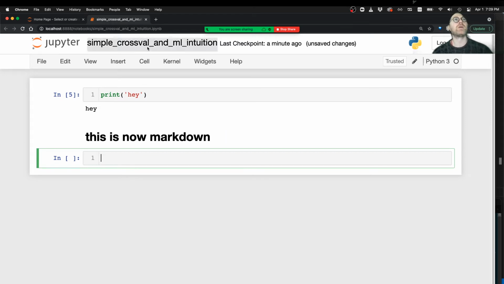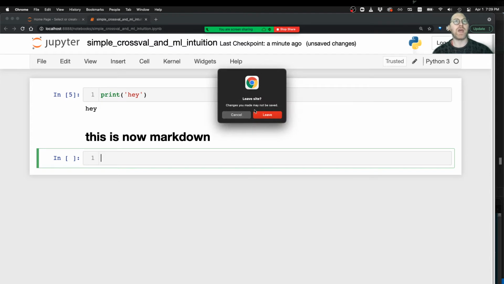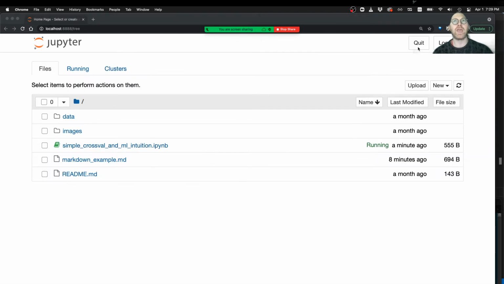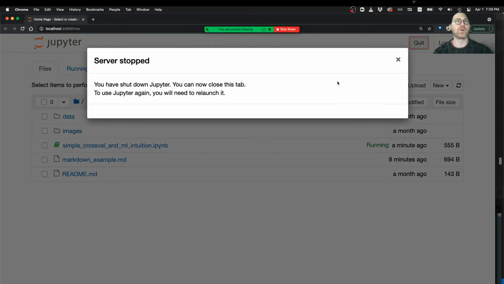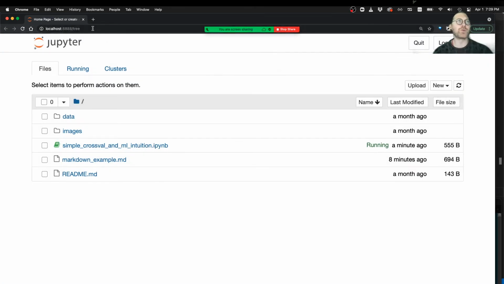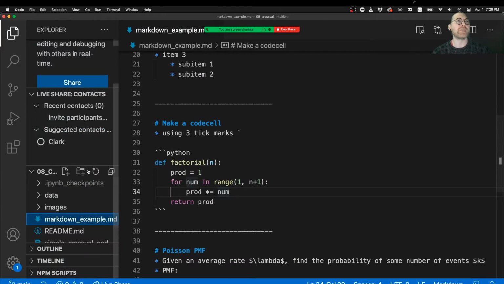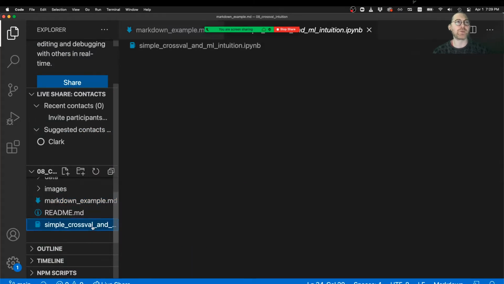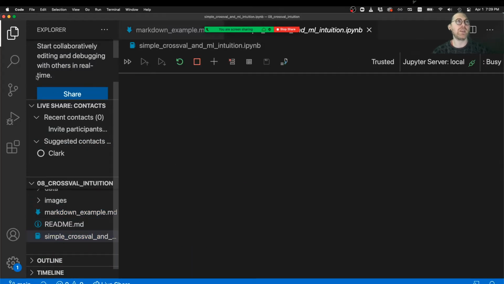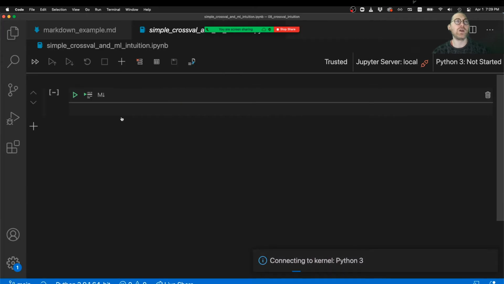However, with VS Code now, I'm just going to quit this server. With VS Code now, you can run a Jupyter Notebook within it. So that does clear that up a little bit. You could take notes in a Jupyter Notebook within VS Code, and that'll be a little bit better.